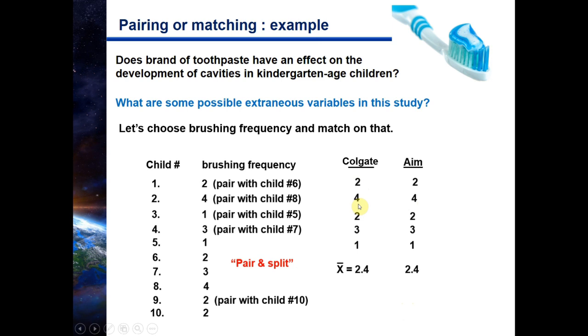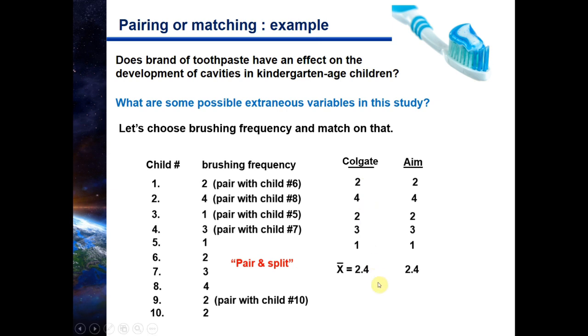The children in the Colgate group are different from the AIM group. But you could argue, well, yeah, they're different people, but they are identical on one or more extraneous variables that matter. So because they are the same on one or more extraneous variables that matter, we're going to treat them as if they're the same people.